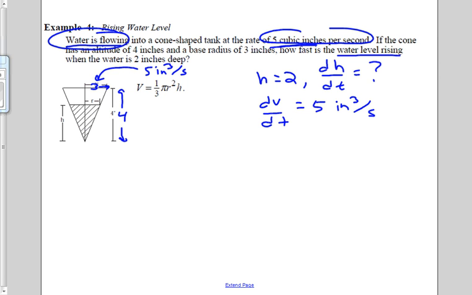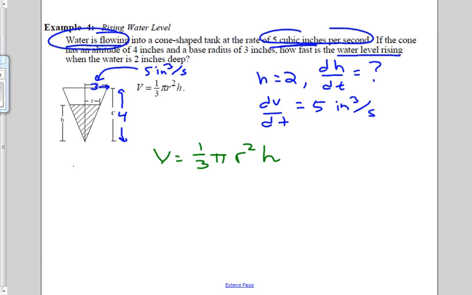The issue, though, is that my equation now, volume, is in terms of both radius, which is changing, and h, which is changing. So what we need to do is remember some things about similar triangles.